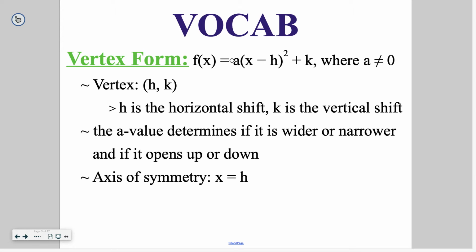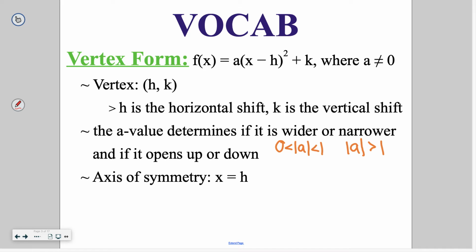The a value is responsible for a couple of different things. First, it tells us if the graph is wider or narrower than the parent function. Again, we went over that in the last lesson, but if it is wider, it's going to be that a value has an absolute value between 0 and 1. If it is narrower, that absolute a value is going to be greater than 1.